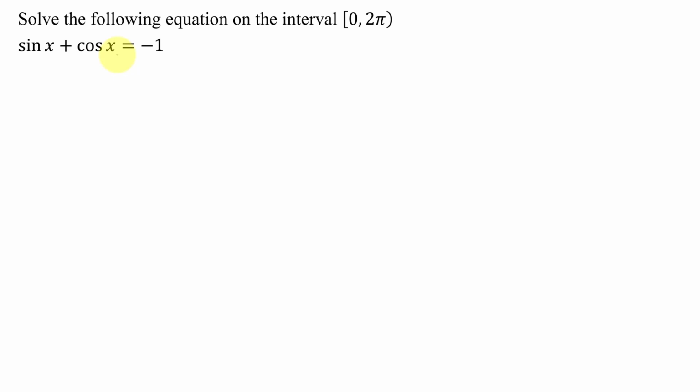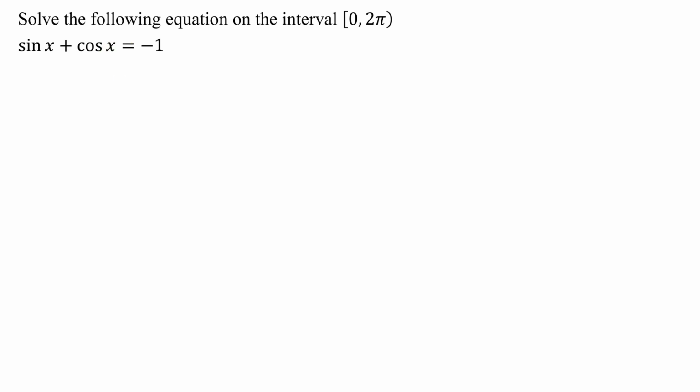However, using a Pythagorean identity, it's easy to write cosine squared x in terms of sine squared x or sine squared x in terms of cosine squared x. So somehow we're going to have to square things so I can use that Pythagorean identity.